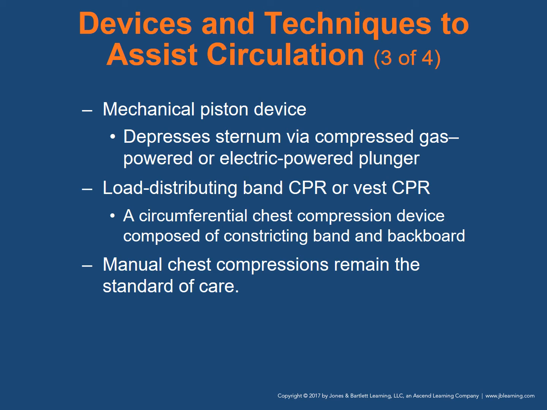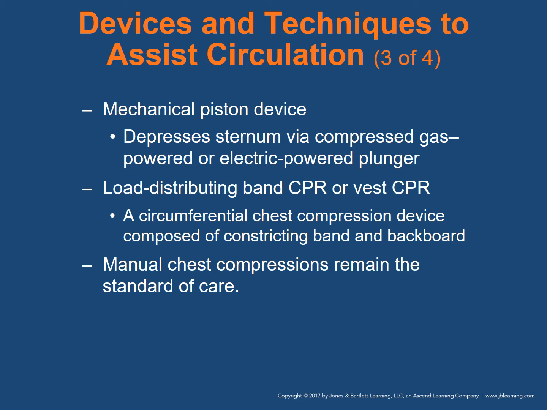You put it on the patient's chest, you set the settings, and it starts compressing, and it has the ability to compress continuously for long periods of time without ever tiring, without ever having to switch. So you're going to see a lot of these become more prevalent in the future. They are pretty expensive at this point, but by and large, more and more departments and agencies are starting to use these mechanical piston devices. So you might actually have to operate one of these in the near future, but it's pretty cool if you can get your hands on it.